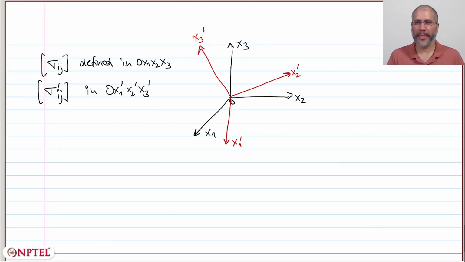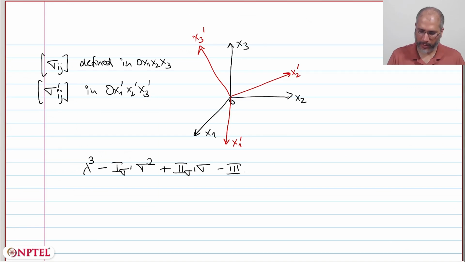We would write a characteristic equation, and that equation is given as lambda cubed minus 1 sigma prime times lambda squared plus 2 sigma prime times lambda minus 3 sigma prime equals 0. So this is if analyzing in O x1 prime, x2 prime, x3 prime.